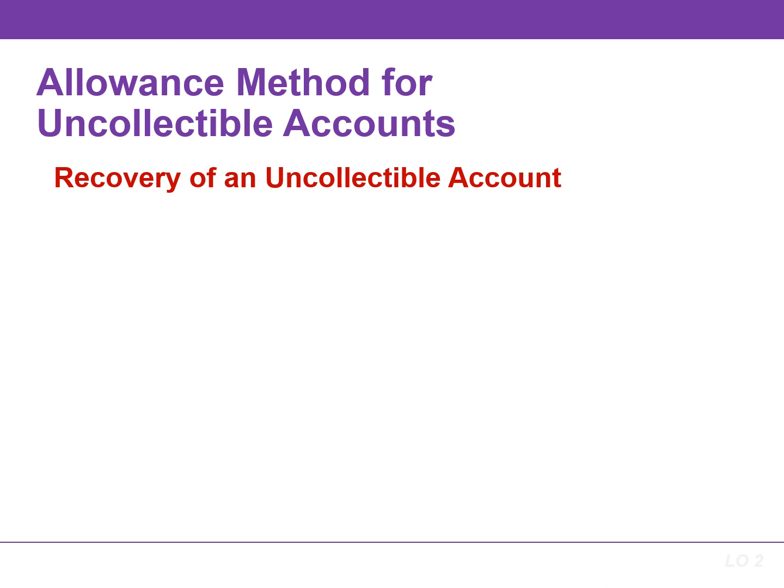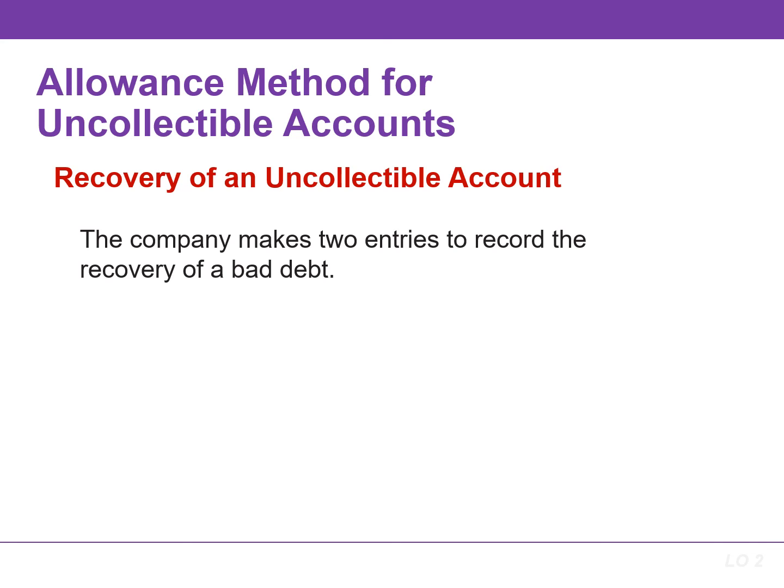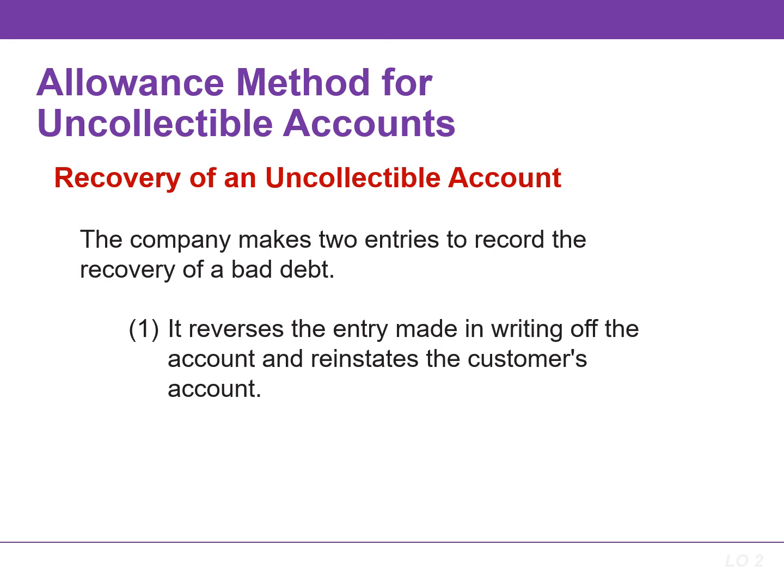Occasionally, a company collects from a customer after it has written off the account as uncollectible. The company makes two entries to record the recovery of a bad debt. The first entry reverses the entry made in writing off the account and reinstates the customer's account. The second entry records the collection of the receivable as well as cash.